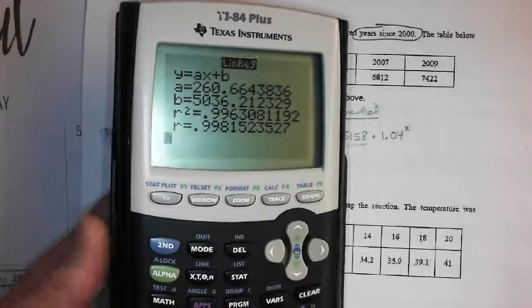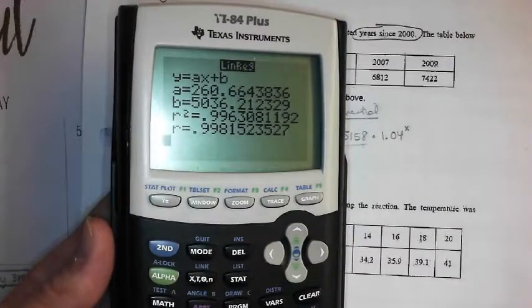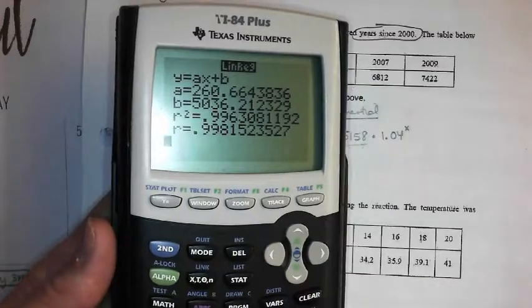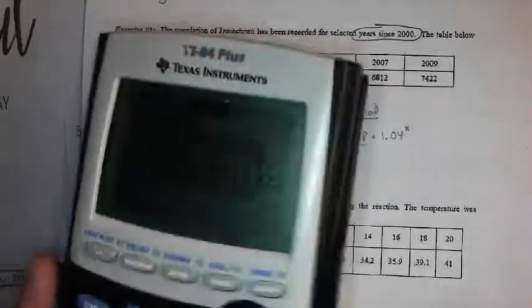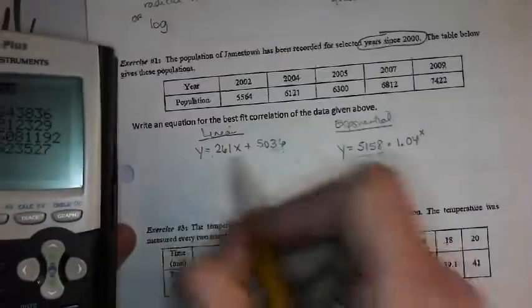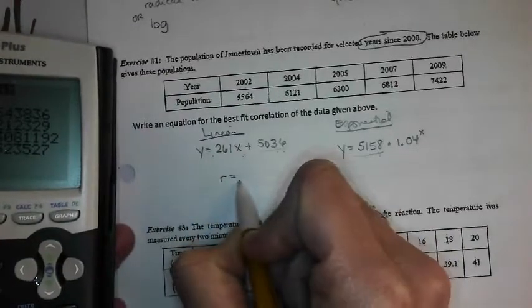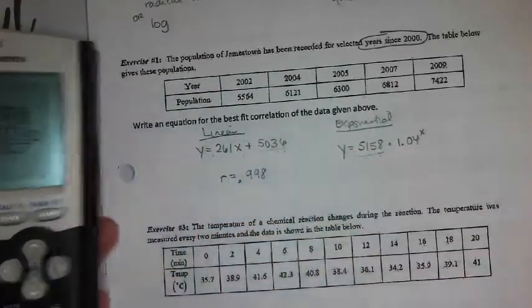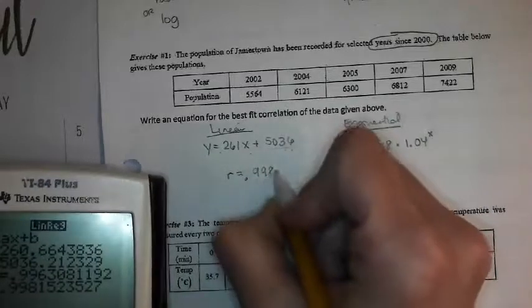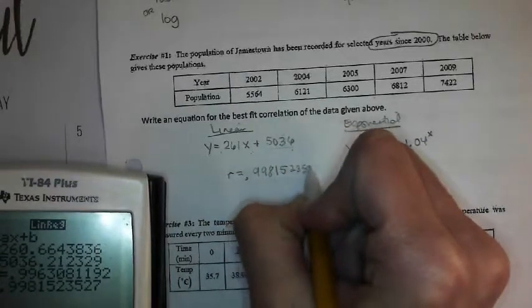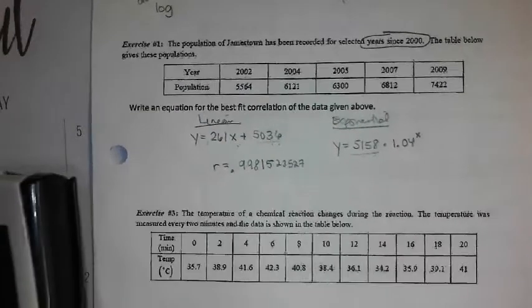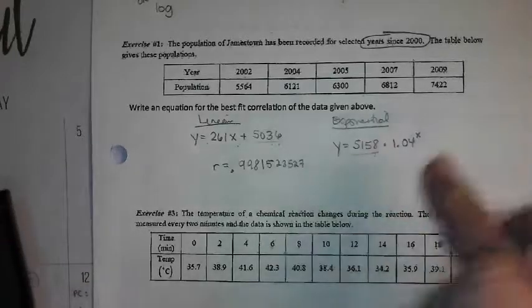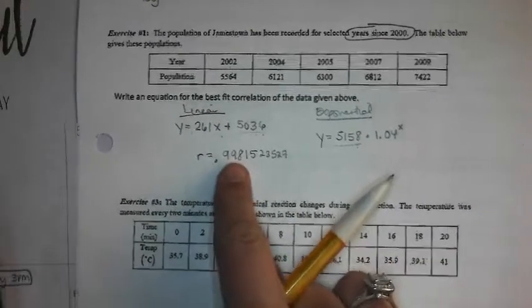Okay? Or -1. If it's 0, then it's a completely off scatter plot, and you probably ran the wrong regression. But this one has a correlation coefficient of 0.998. So that's pretty strong. 998152357 to be exact, just in case they're both really good. So the correlation coefficient there is very close to 1.